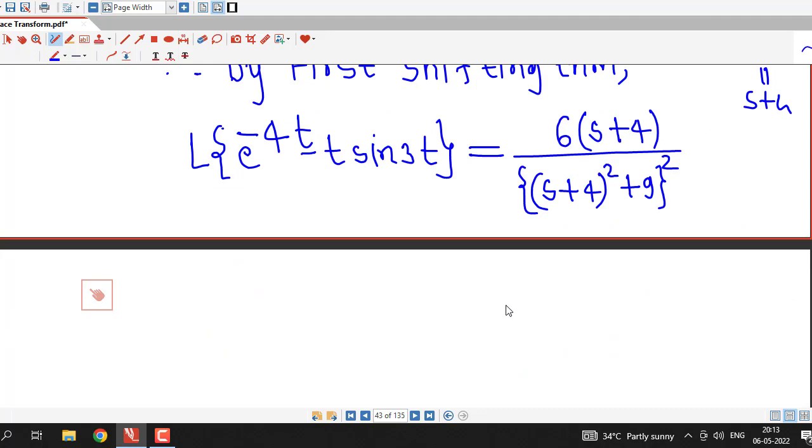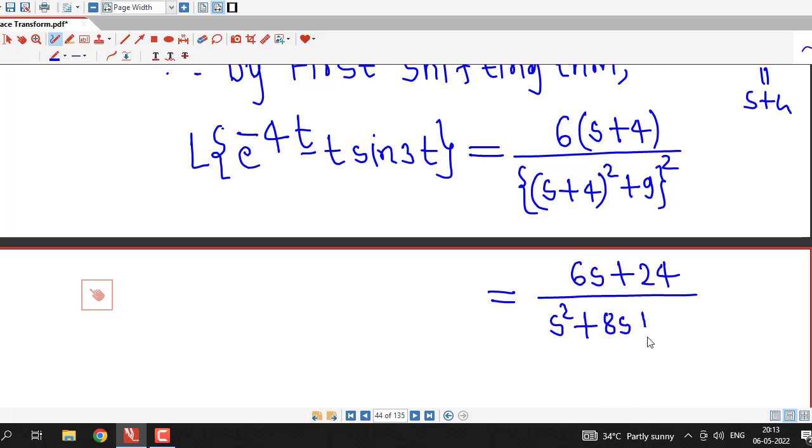And now we have to rewrite this right hand side. We will simplify as much as possible. 6 into s plus 24, and here we take square of s square plus 4, that is s square plus 8s plus 16 plus 9, that is 25 whole square.